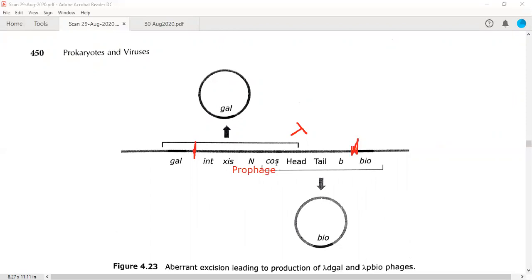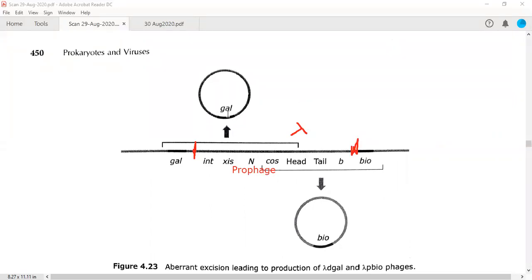Now, there are two possibilities when it will excise itself from this particular chromosome. If it is an abnormal excision, it can include the galactose fermenting genes or biotin synthesizing genes inside the lambda DNA. Therefore, it is called lambda gal or lambda bio.